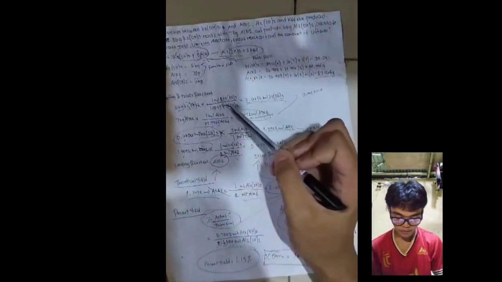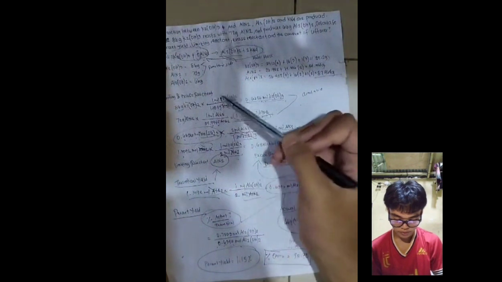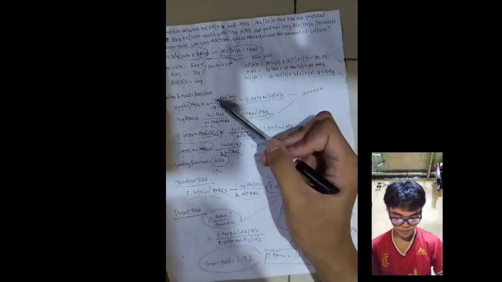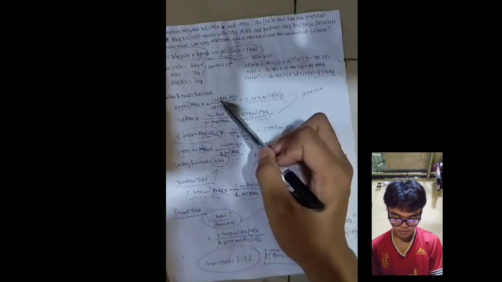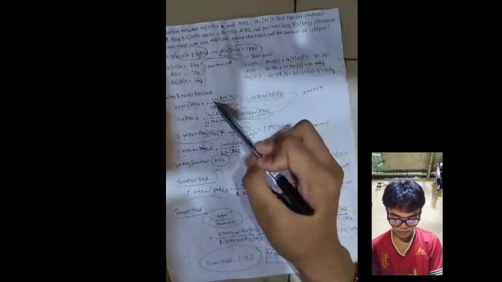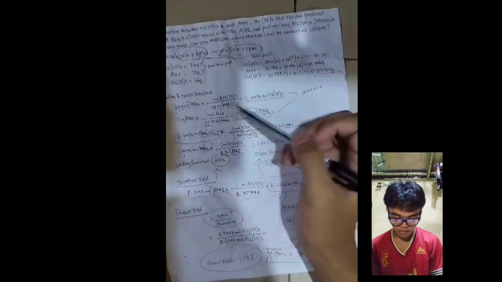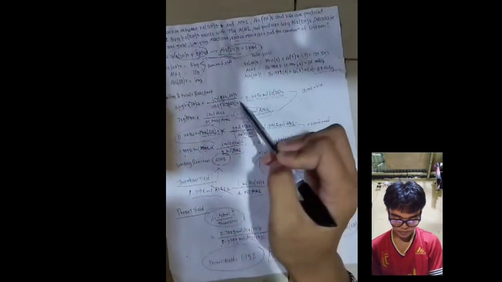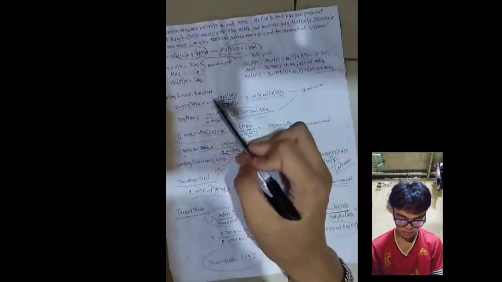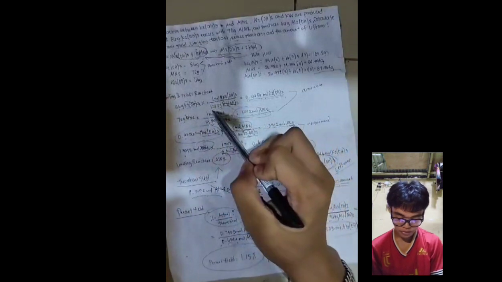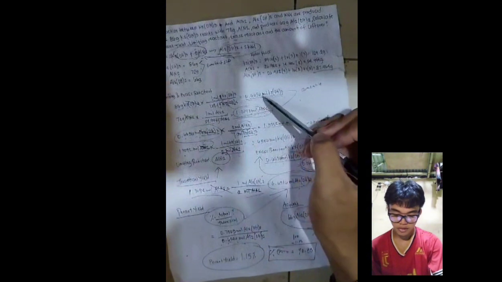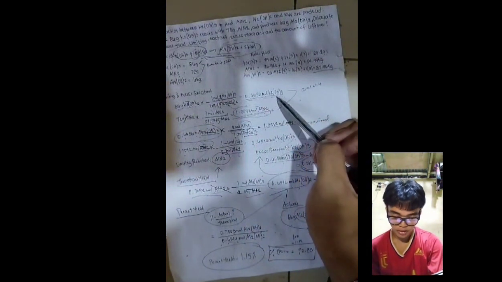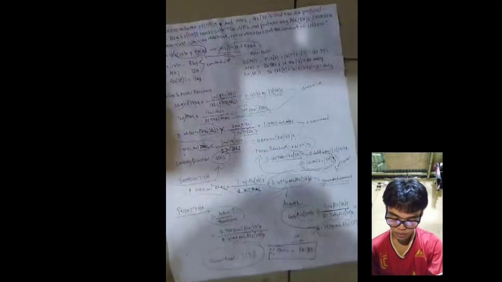Just put 1 to convert into mole and cancel it out, and 86 times 1 divided by 129.2 has 0.6656 mole of K2OH3.